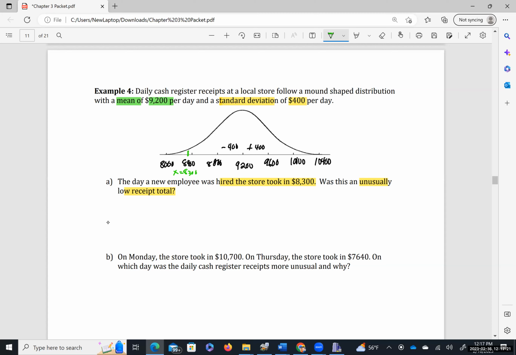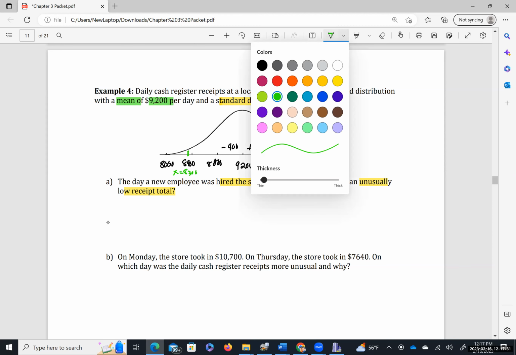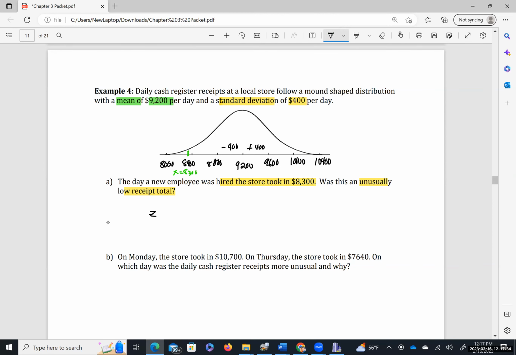So is that unusual? I'm going to convert this into a z-score and see what happens. z equals x minus x bar, divided by the standard deviation s. So x is 8,300, minus the mean 9,200, divided by the standard deviation 400.